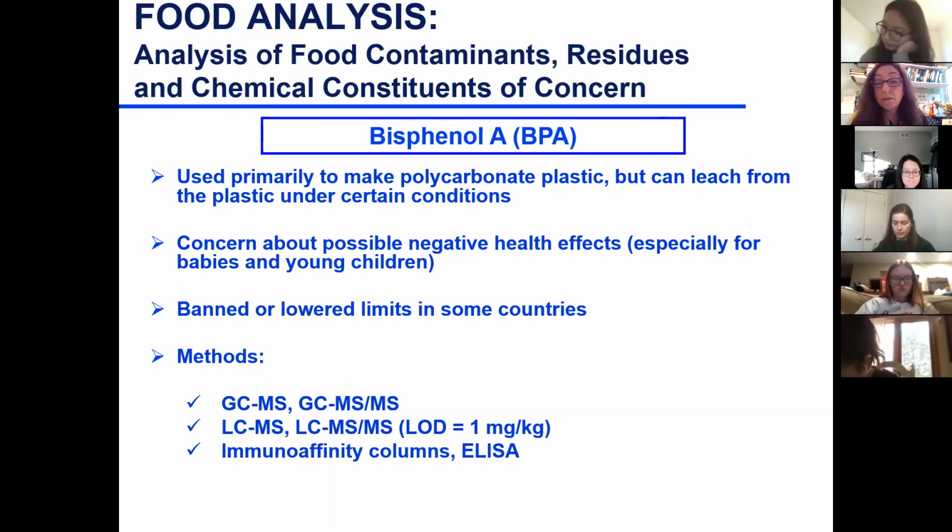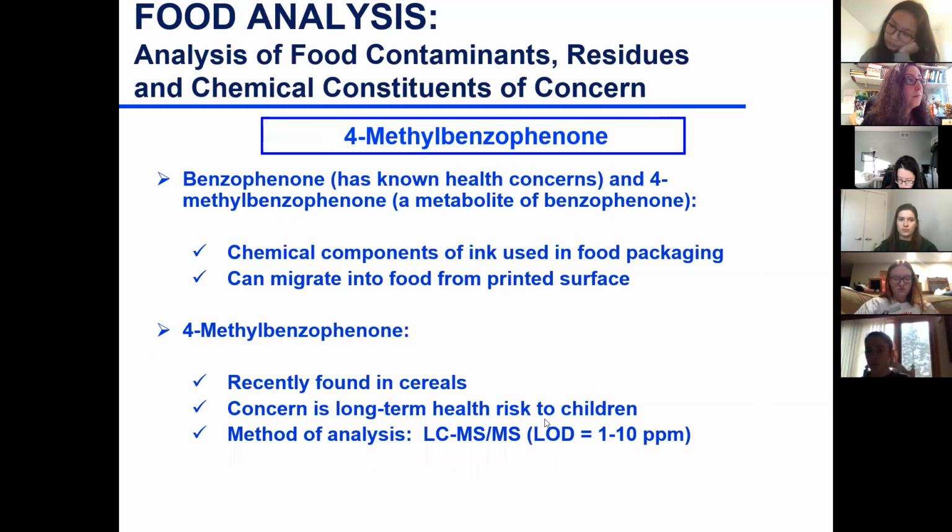This particular plastic is either banned in certain countries or permitted in lower amounts. Again, you have GC or LC or immunoassay coupled with mass spectrometry for detection.